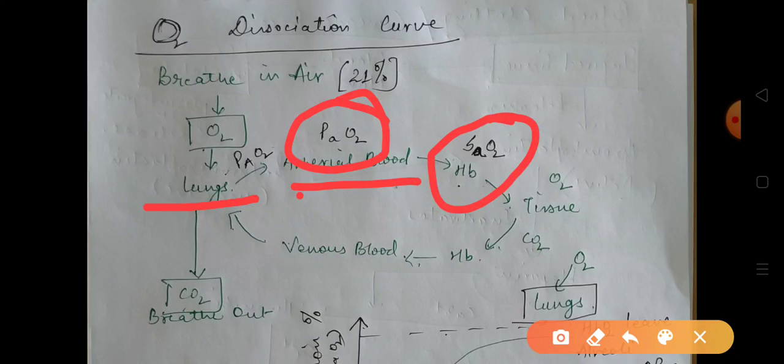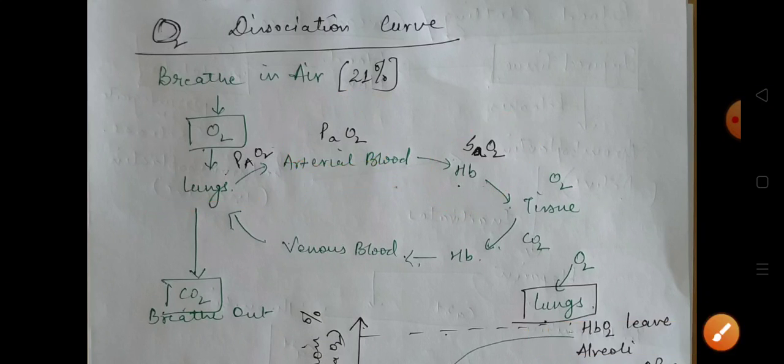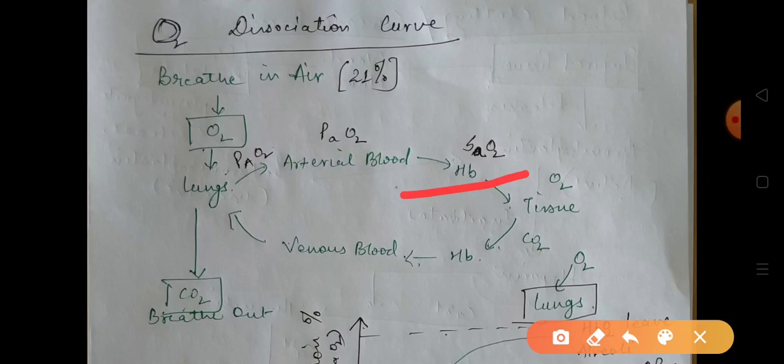So this oxygen is carried through the arteries. Here the hemoglobin is saturated with oxygen, so we call it SaO2. S is for saturation of oxygen in the arteries.